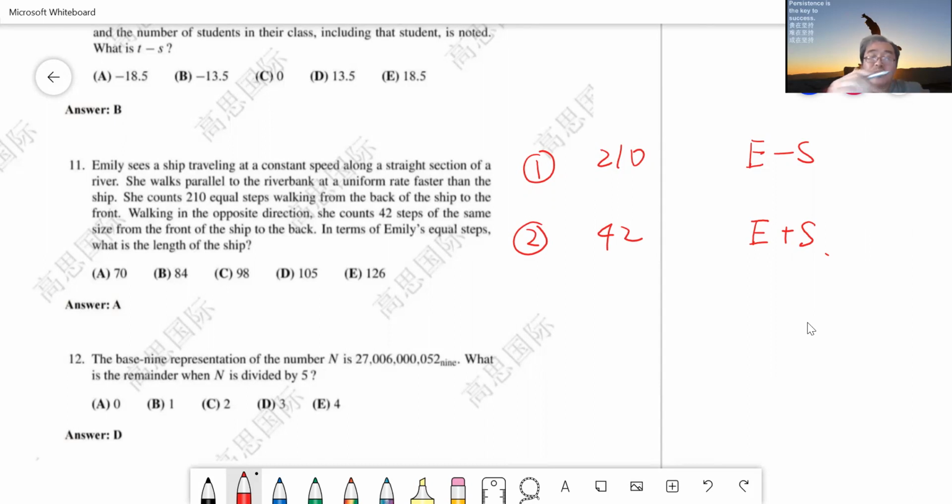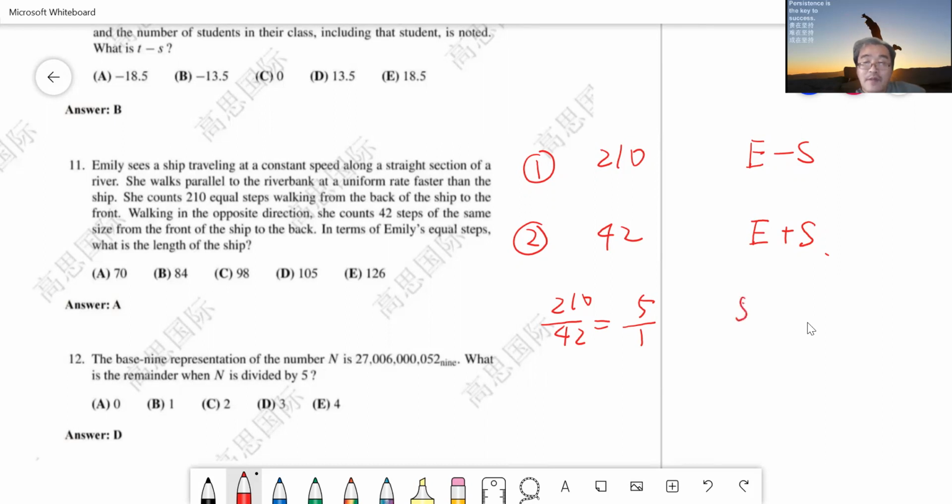Okay, so let's look at the ratio here. Now, 210 over 42 equals 5 over 1. Which means we need 5 times longer to do the relative motion for a whole trip, right?